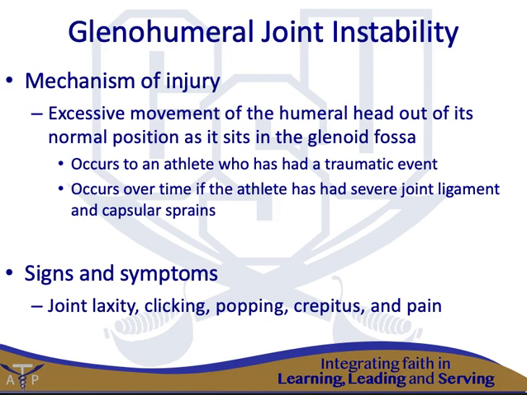Signs and symptoms include joint laxity, clicking, popping, crepitus, which is a grinding type of sensation, pain within the area, and decreased active range of motion due to joint pain and muscular impingement.